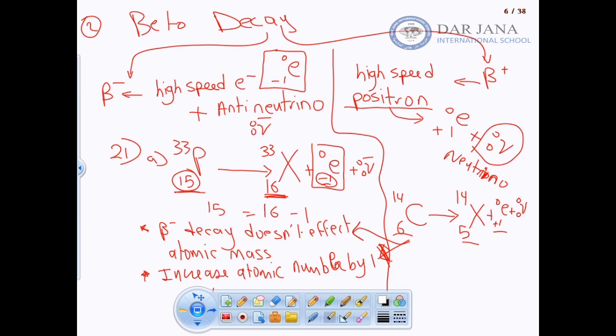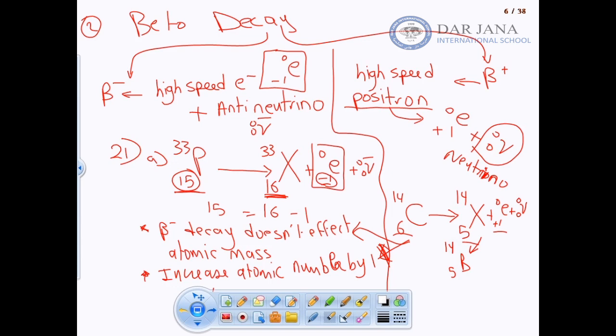So here we will get boron, which is a boron isotope. This one is boron B 5, 14. So that was an example.